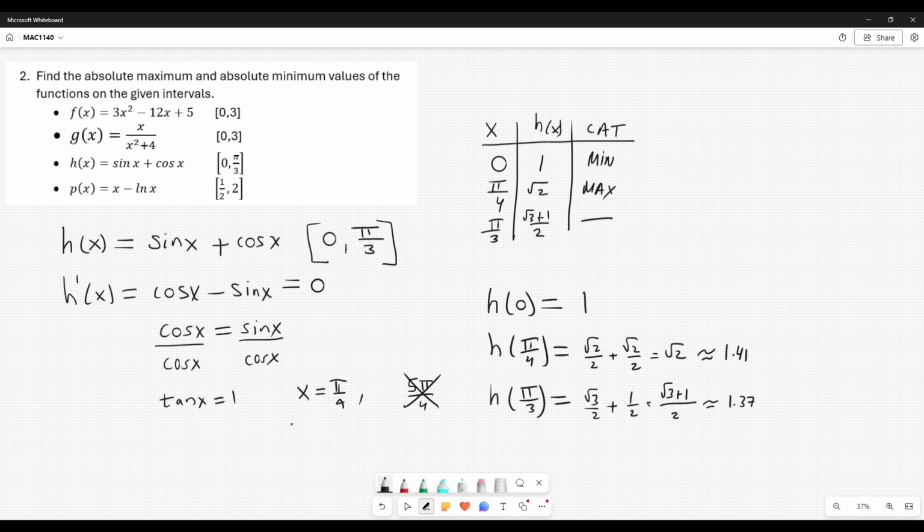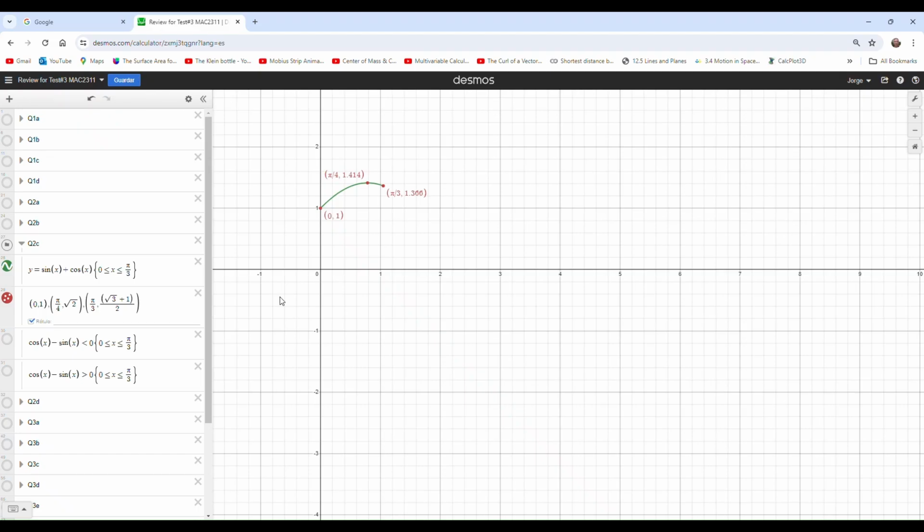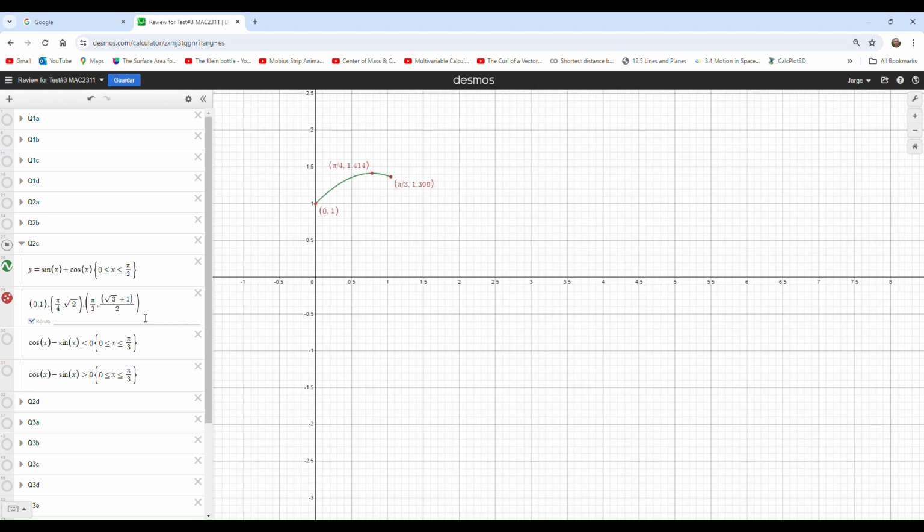Now let's verify this idea in decimals. Okay, now decimals. I copy the function. I specify the interval I want to study. I plot the famous 3 points on the table.